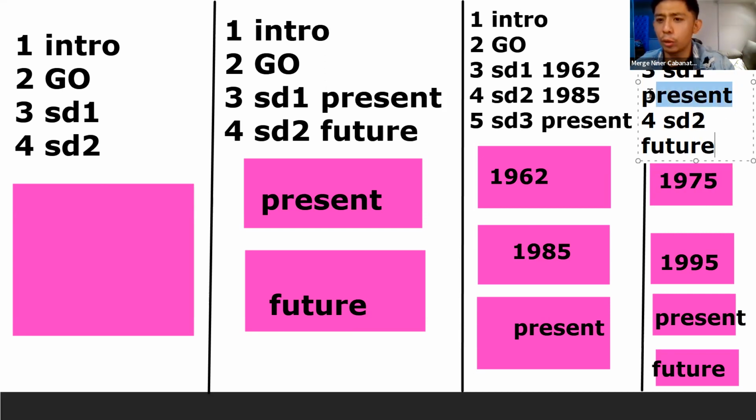Third paragraph would be 1975 and 95. They will share one paragraph. And your second paragraph for the specific detail, or the fourth paragraph of your report, will be the present and future.